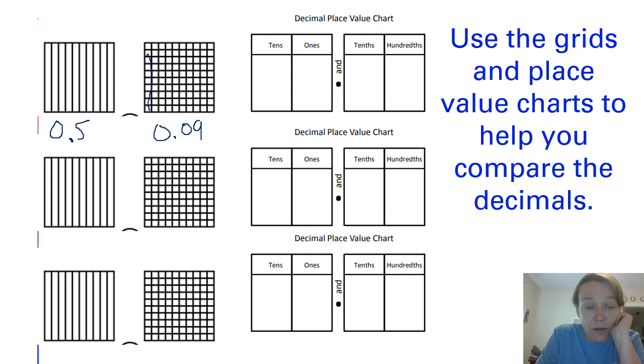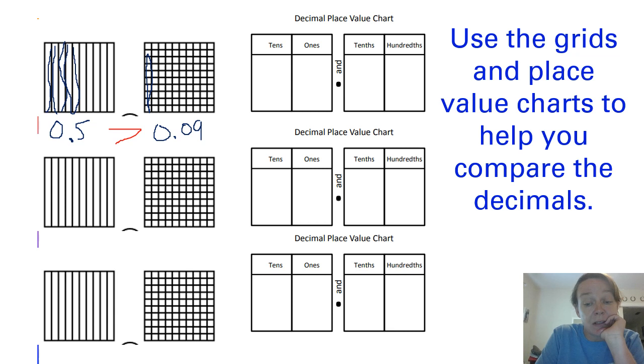This is 9 hundredths, which means that 9 of these squares are shaded. This is 5 tenths, which means that 5 whole columns are shaded. Now, which one has more shading? I hope all of you are saying that the 5 tenths has more shading.